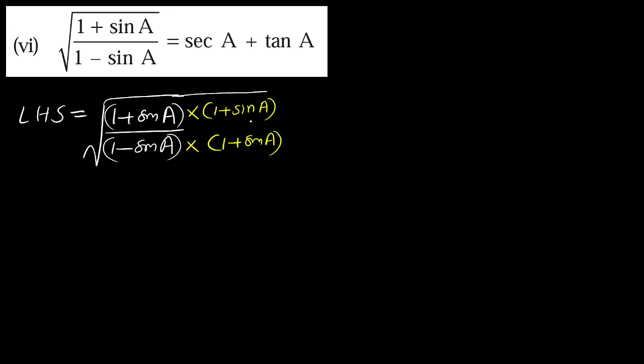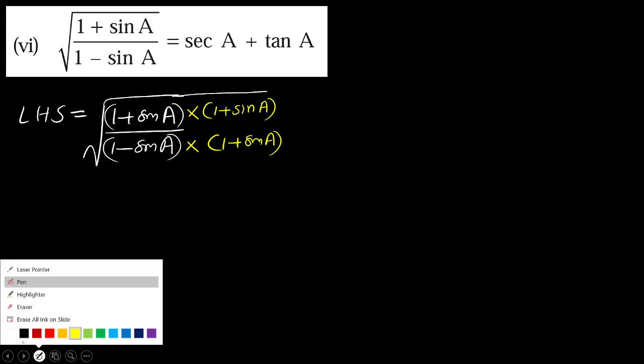Inside the square root, multiply numerator and denominator by the conjugate of the denominator. The conjugate of 1 minus sin A will be 1 plus sin A. Why am I multiplying with the conjugate? Is there any logic? Yes, definitely. Because 1 minus sin A into 1 plus sin A will be 1 minus sin square A, using (A plus B)(A minus B). That's the reason why I am multiplying with the conjugate.